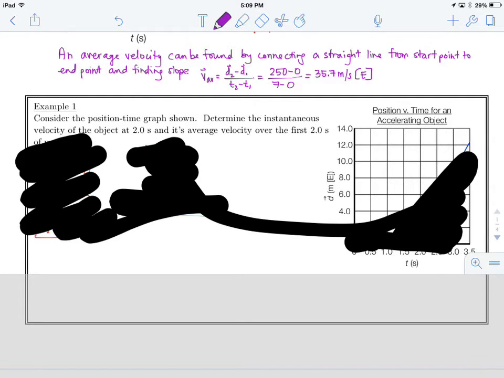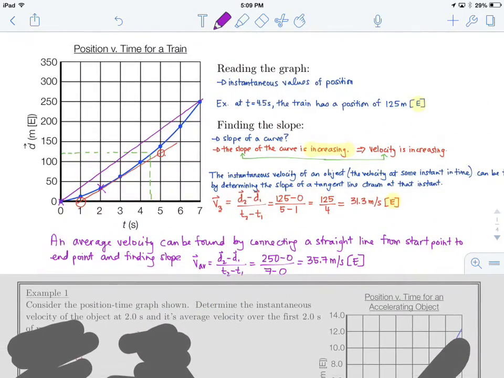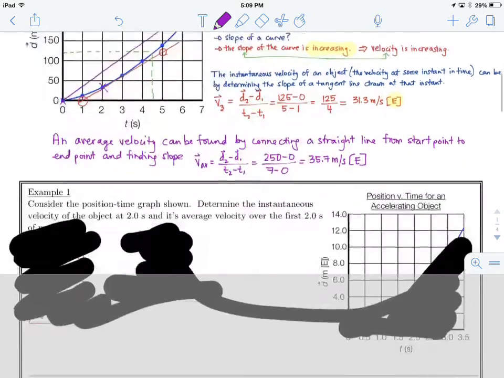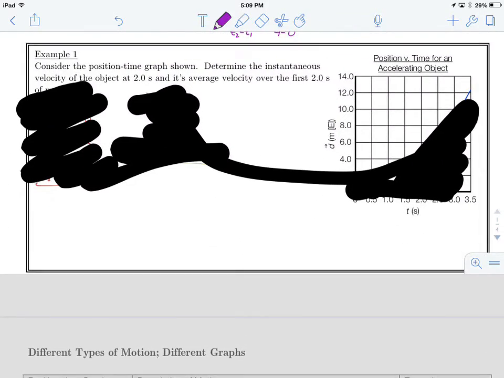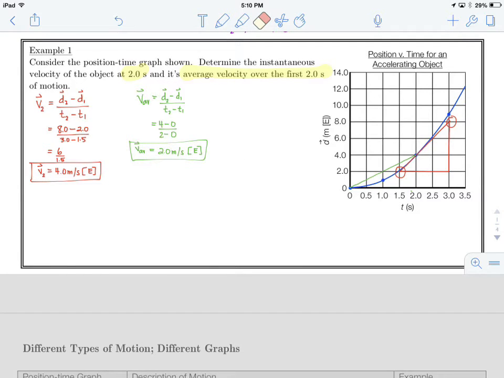Using this model that we just created, position versus time for a train, I want you to try this example for yourself now. Find the velocity of the object at 2 seconds, and then find the average velocity over the first 2 seconds and see what you get. So press pause, try this out, and then come back and check your answers with me.